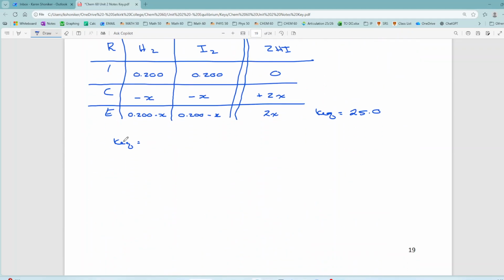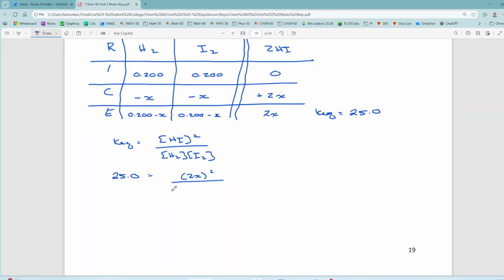So here we go. KEQ is equal to HI squared divided by hydrogen and iodine. Okay. So my KEQ value is 25. My concentration of HI is 2x, and that's going to get squared.